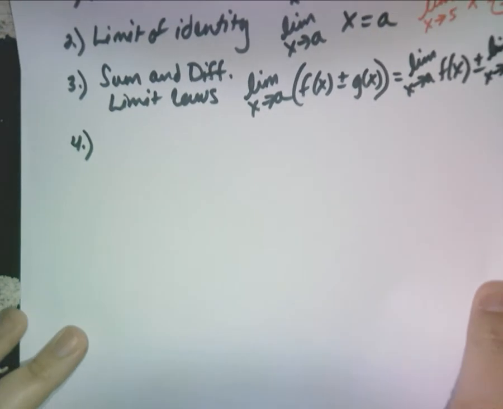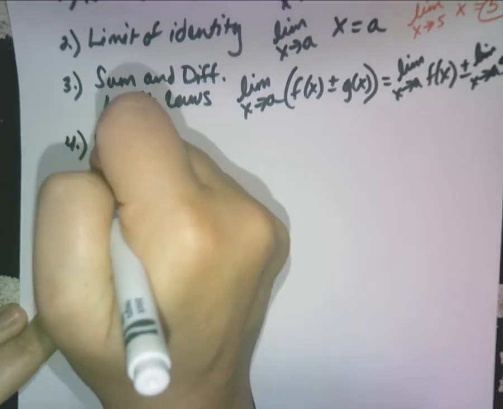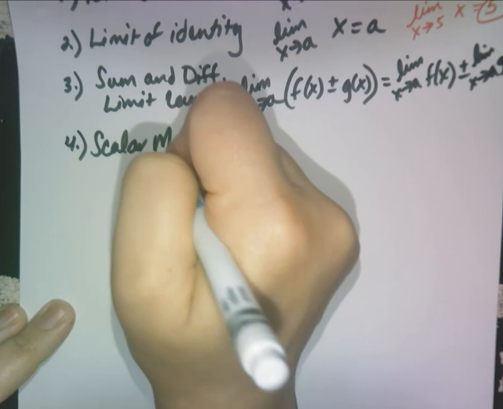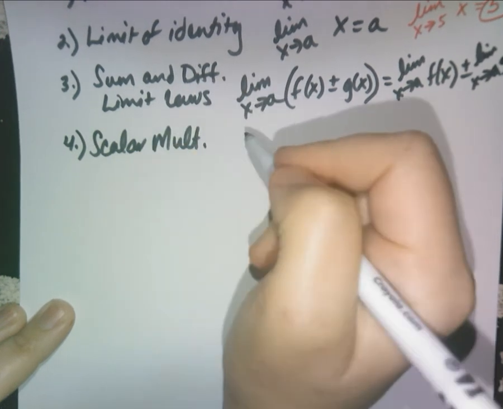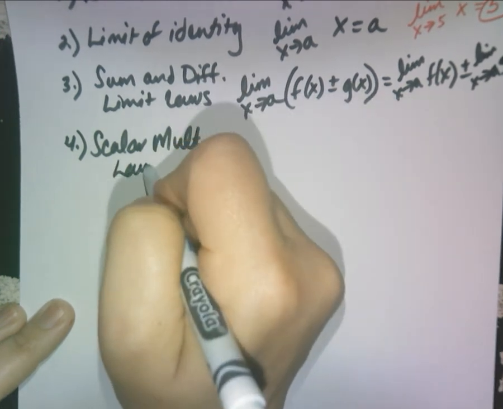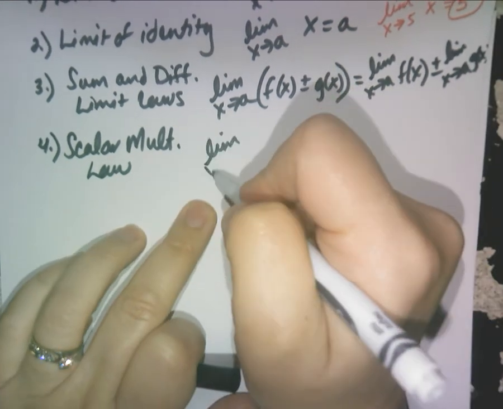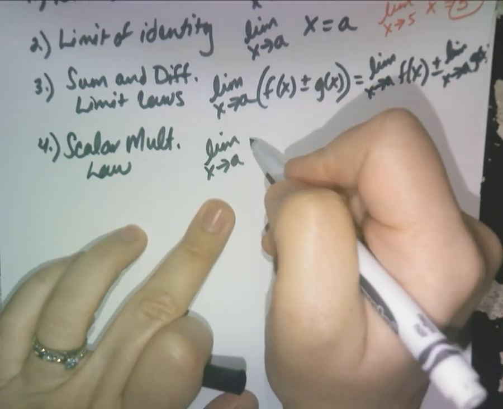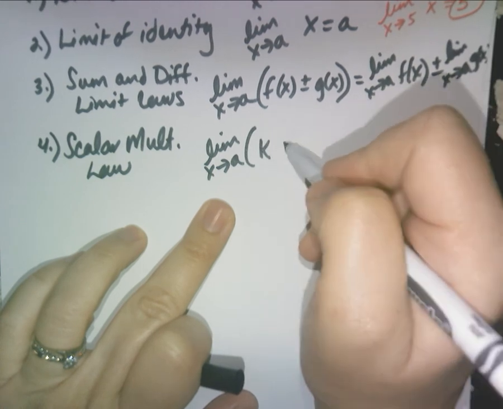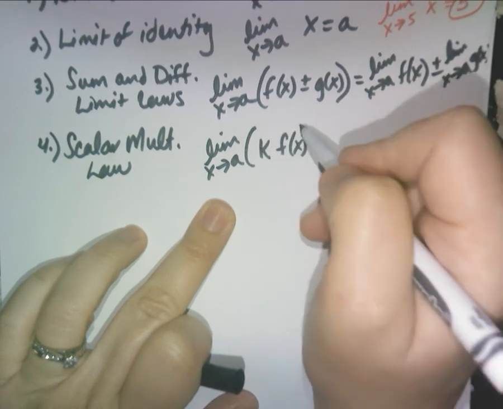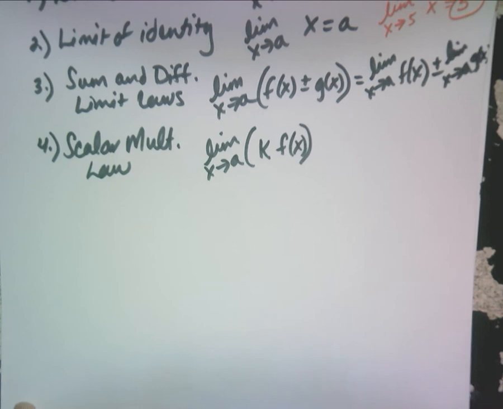All right, then limit law number 4. There's 8 of them, so I'm trying to get through. This is the scalar multiplication limit law. It says if you take the limit as x approaches a of some k times a function, some scalar, that's what we usually call k in mathematics.